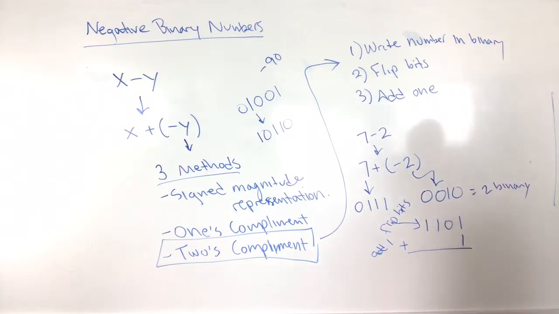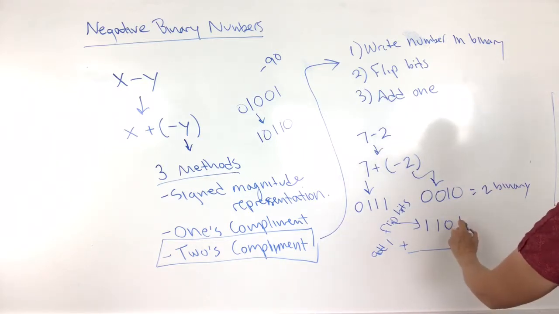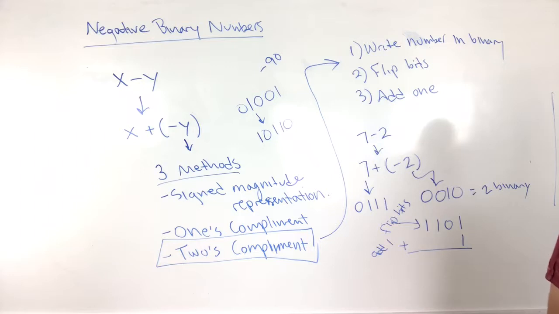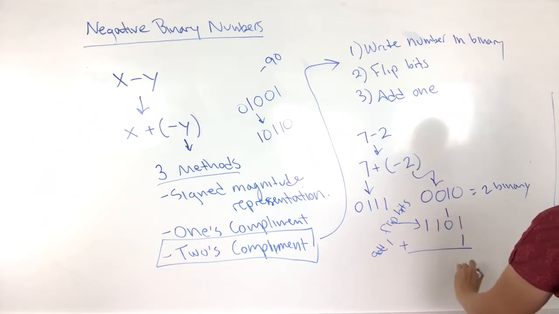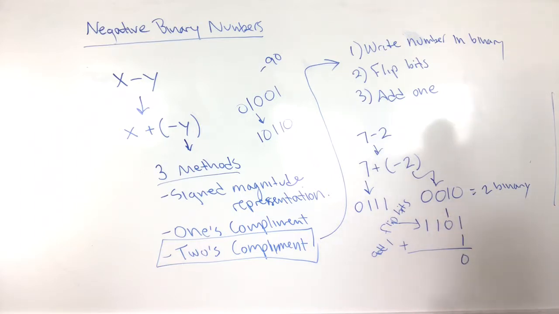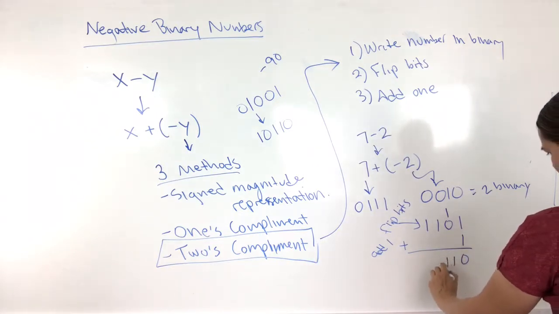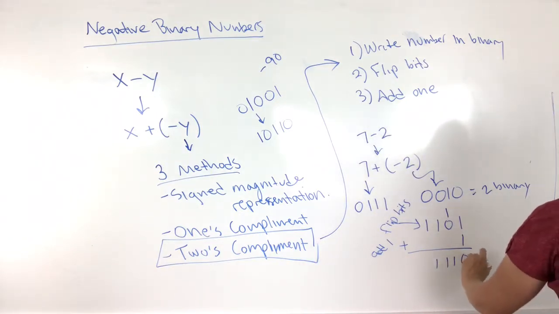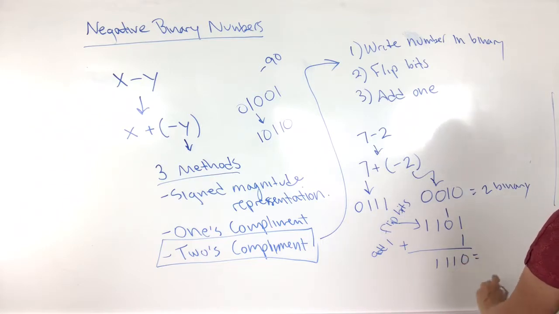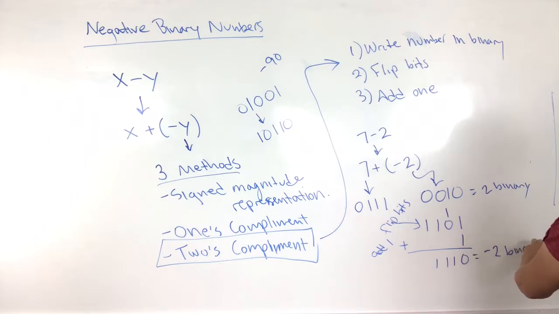Now we just do our addition rules. If we have a 1 and a 1, then we carry a 1, drop down a 0. If we have a 1 and a 0, we drop down 1, and then we have 1, 1. So this 1, 1, 1, 0 is equal to negative 2 in binary.